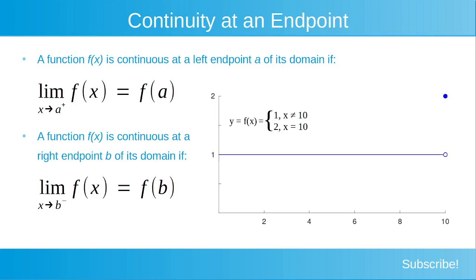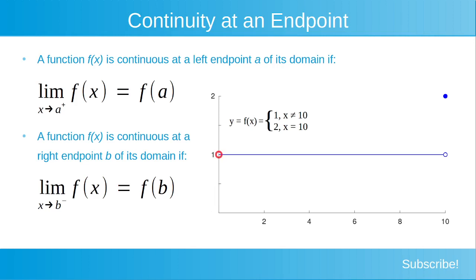Here we have the plot of the function y is equal to f of x is equal to 1 when x is not equal to 10, and f of x is equal to 2 at the point where x is equal to 10. And this function is defined and plotted on the closed interval from 0 to 10.